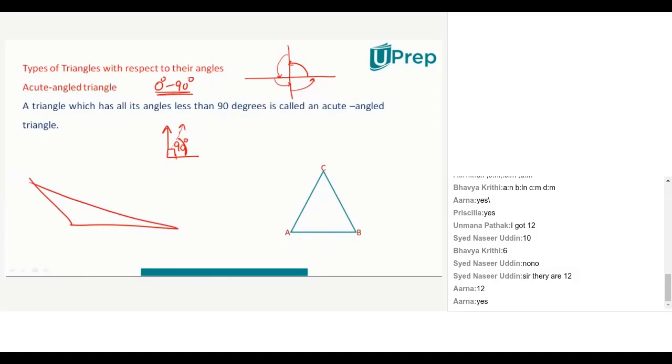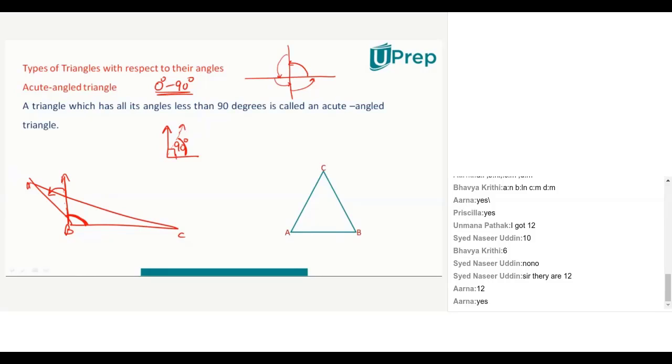Yes or no? No, sir. Why? Because it's more than 90 degrees. Yes, it's an obtuse angle. Yes, beautiful. Because this is where we hit 90 when it is a straight line. When it has gone beyond, the angle has increased. It becomes an obtuse angle.